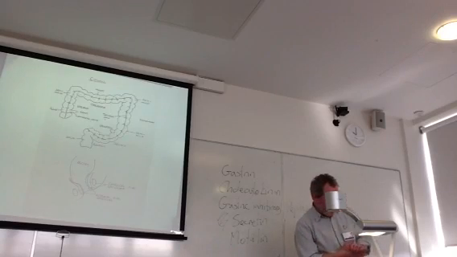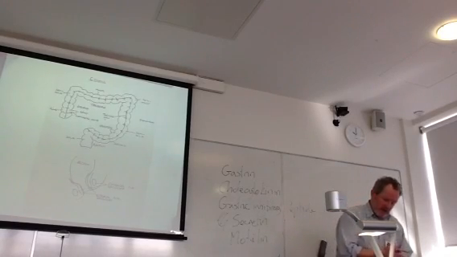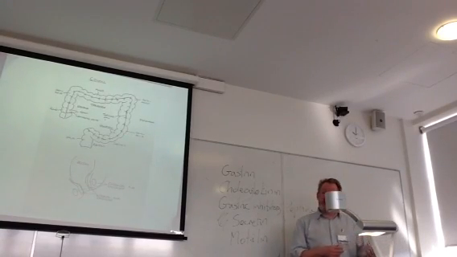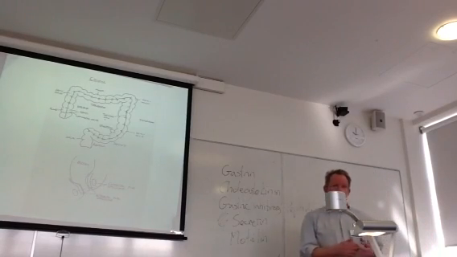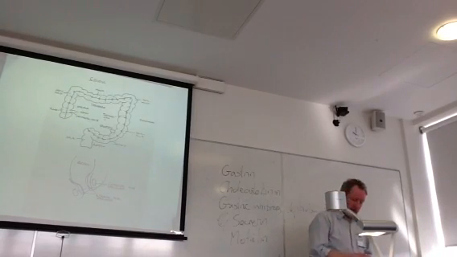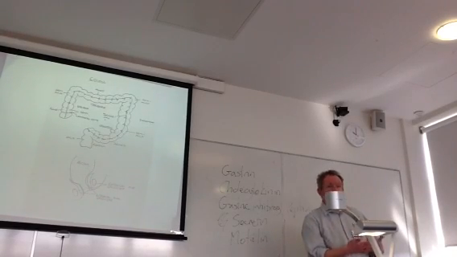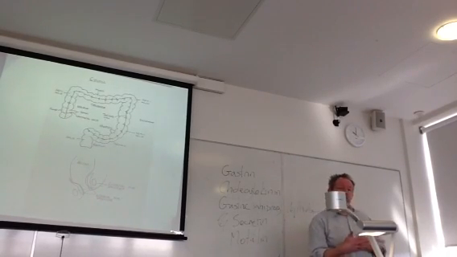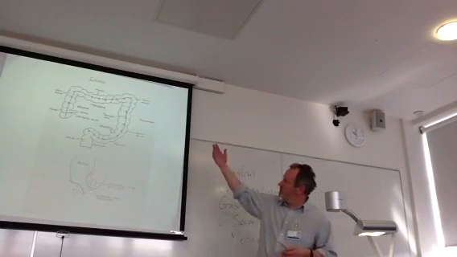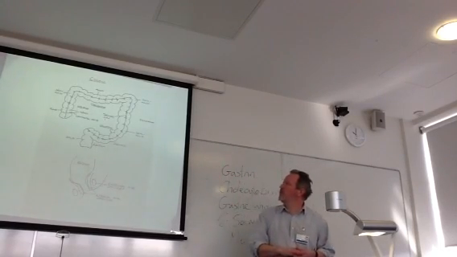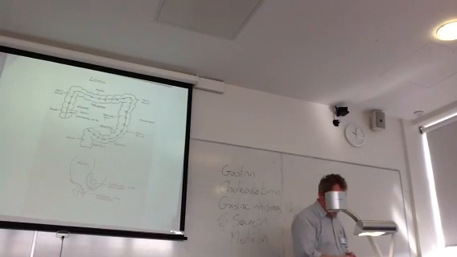These propulsive movements are initiated by gastrocolic and duodenocolic reflexes. These are signals from the stomach and the duodenum, due to distension, which stimulate the initiation of these propulsive movements.